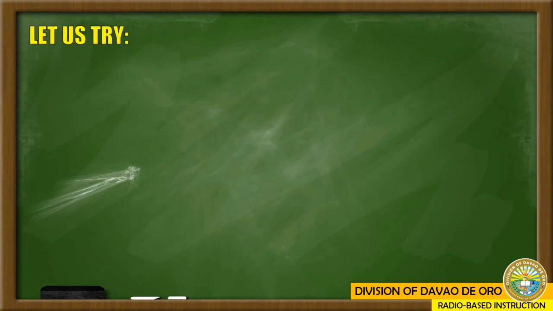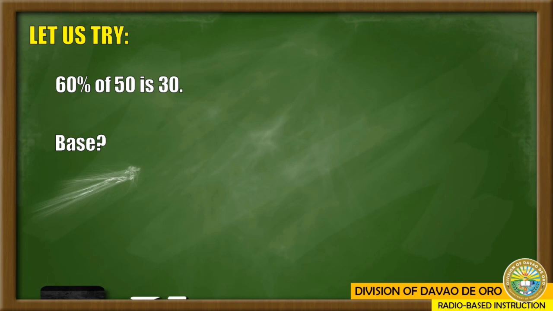Okay, look at your module and let us answer this. Let us read. 60% of 50 is 30. I repeat, 60% of 50 is 30. Now, we are looking for base. So what is our base? Look, our rate is not more than 100%. So meaning, we will follow my tips.